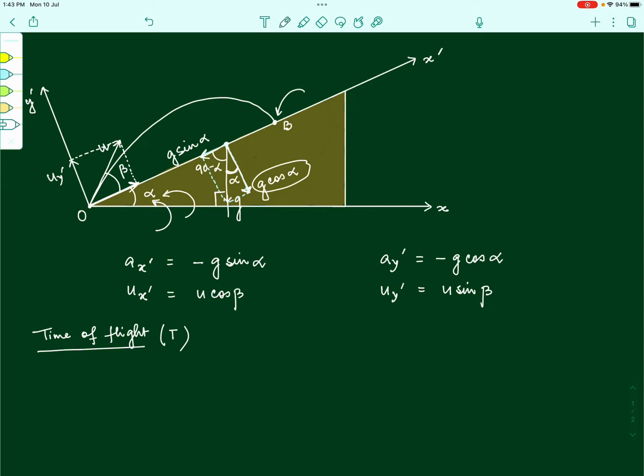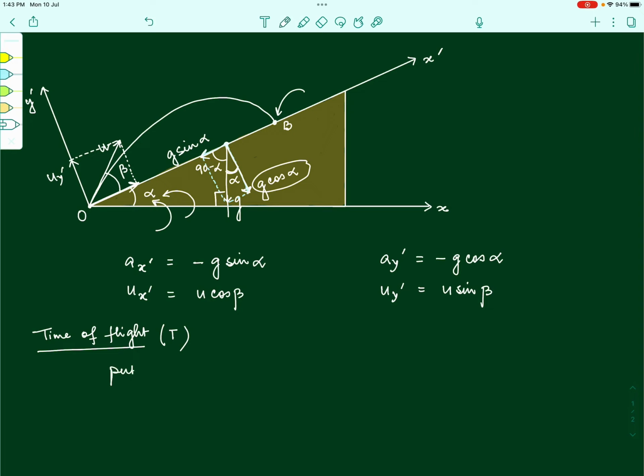So that means that when the projectile reaches the point B, its y dash displacement will become 0. See that as the projectile moves up from O, it will have some y dash displacement, isn't it? But then as it falls down and reaches back to the inclined plane, its y dash displacement will become completely 0. So this is one condition that we can use.